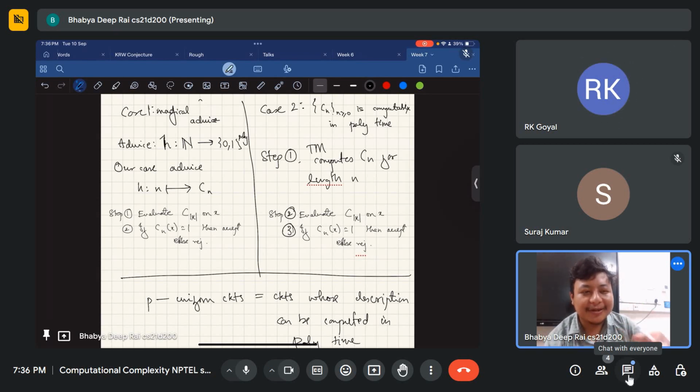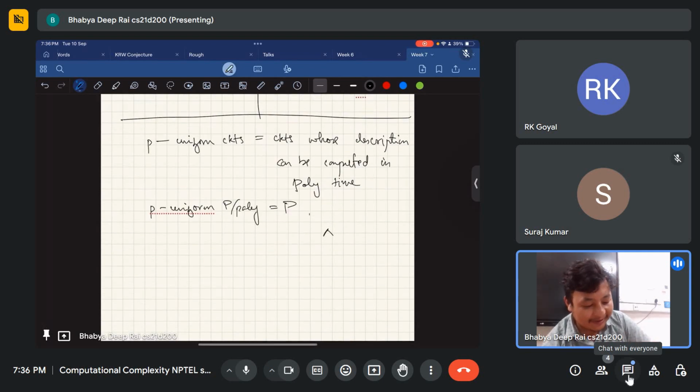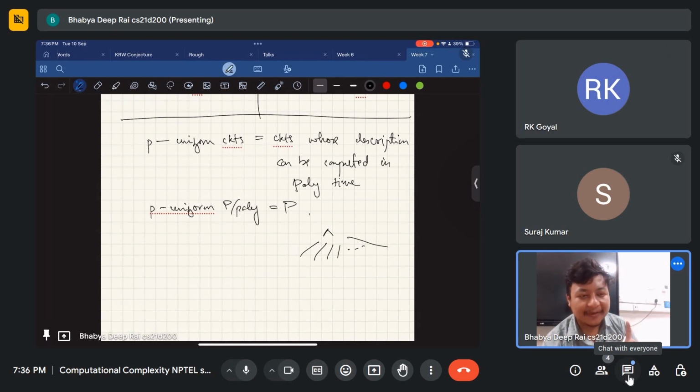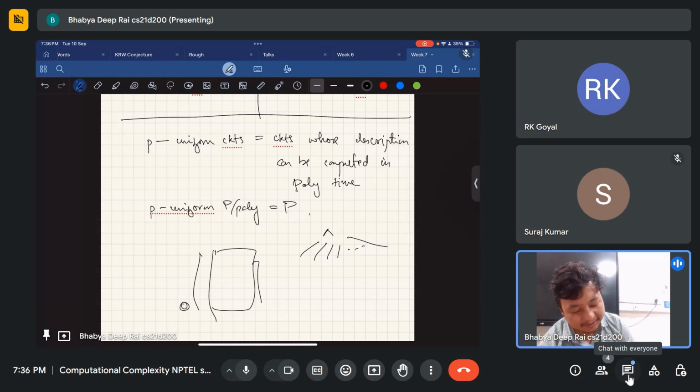Then it needs to come up with this. What is this? This is just a graph, so it can make an adjacency matrix where there is an output gate, and all the inputs will be connected to that.